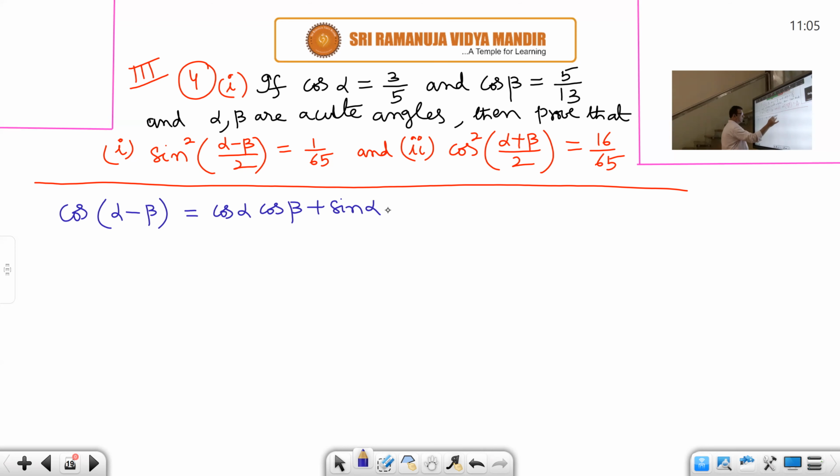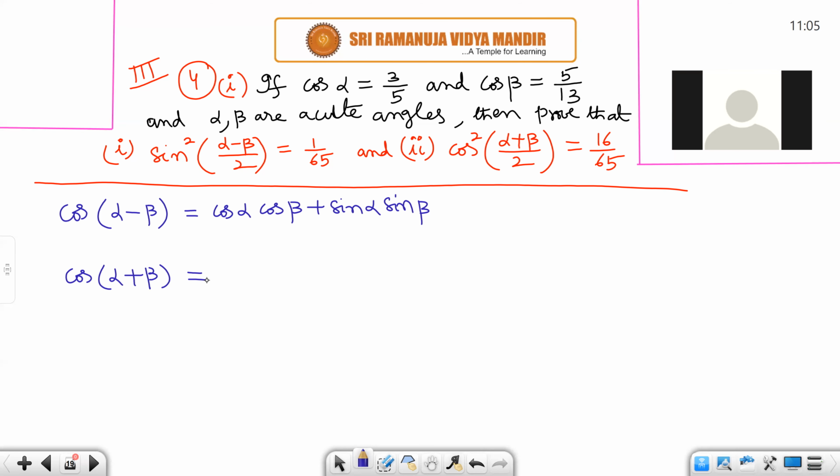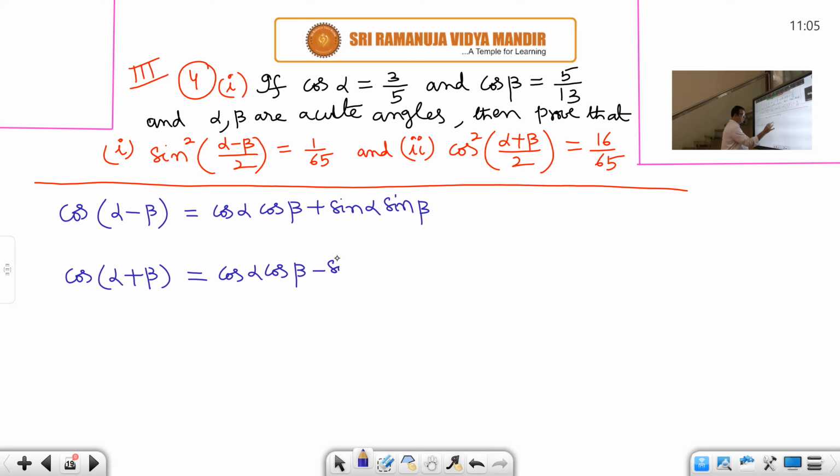Very good. So first bit, you have to find this. For solving the second bit, you should get cos alpha plus beta. What is the formula for cos alpha plus beta? Cos alpha cos beta minus sin alpha sin beta, sir.